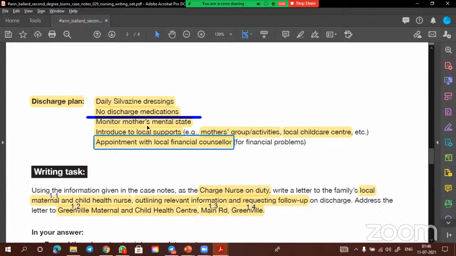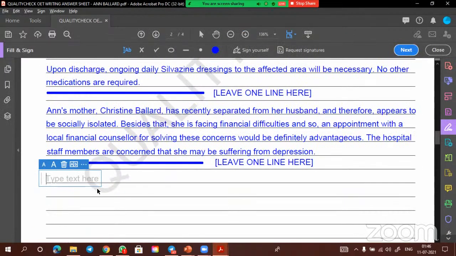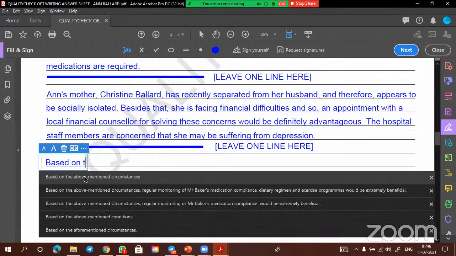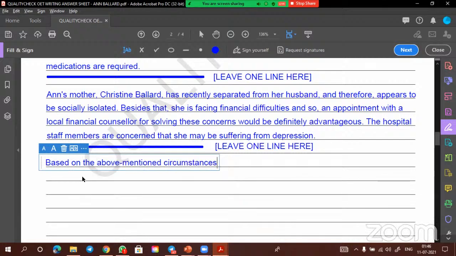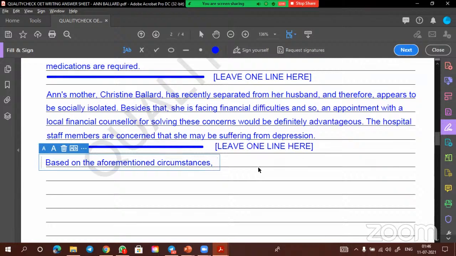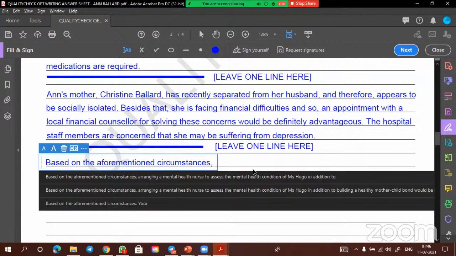Right. So here you can say, based on the above mentioned circumstances, or you can say aforementioned circumstances, based on the aforementioned circumstances, comma, right.